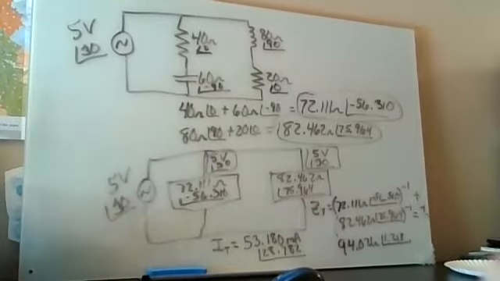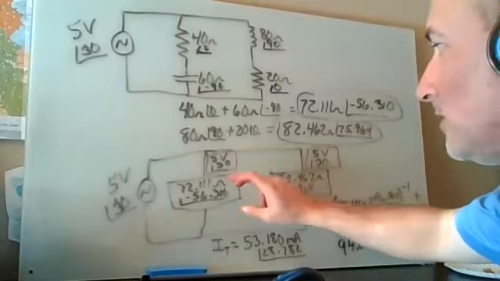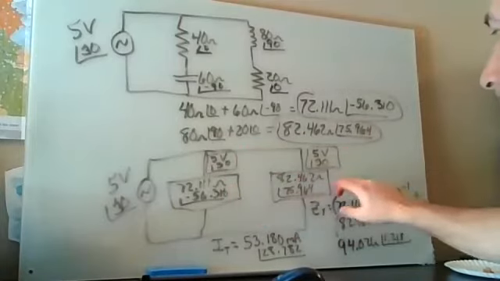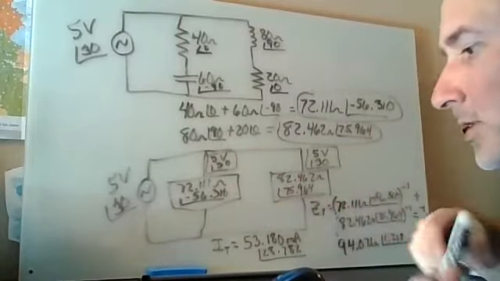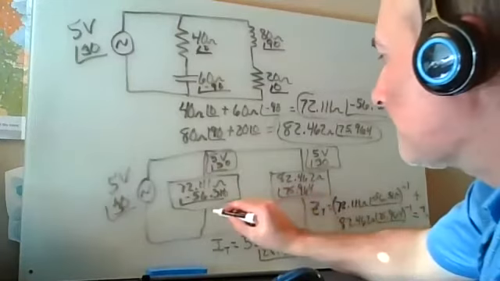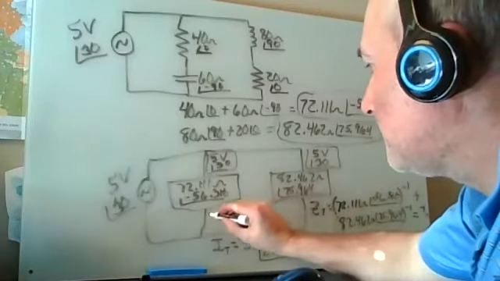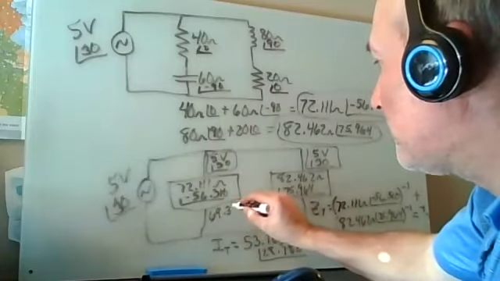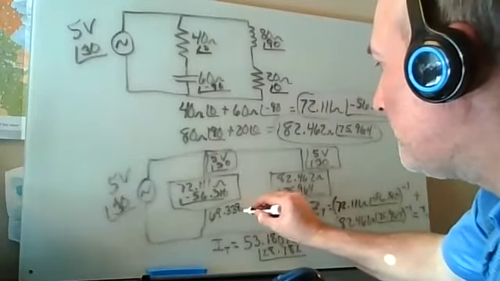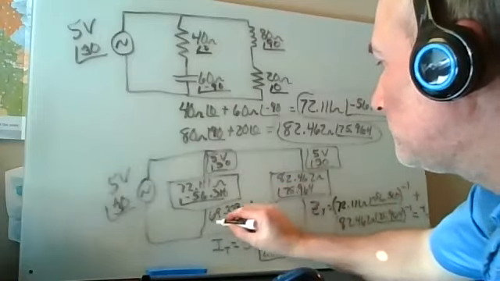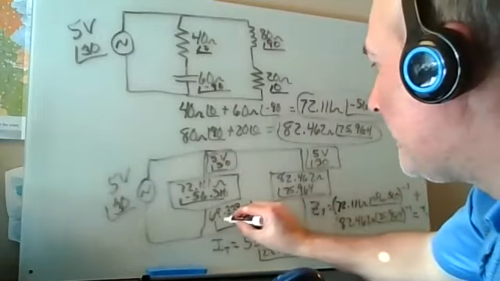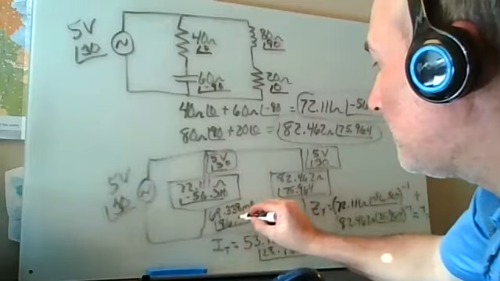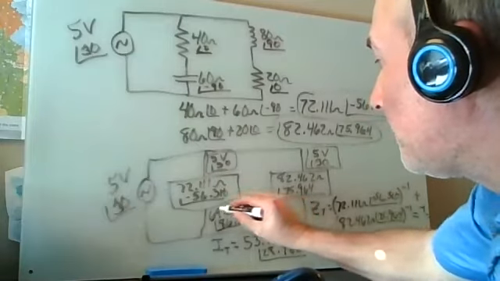Now that I got my I total, I go back, voltage divided by impedance, voltage divided by impedance, and I'm going to get both my currents here. This one, 69.338 milliamps at an angle of 86.310.